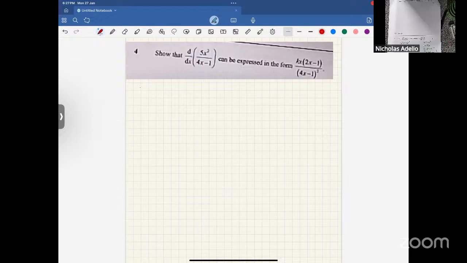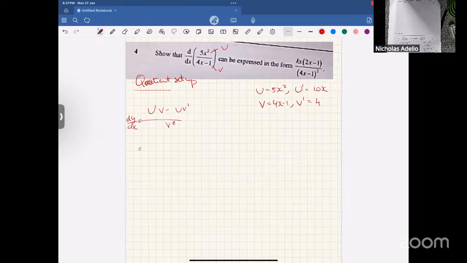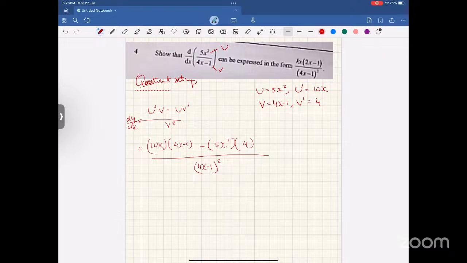Quotient. And then just continue normally, you'll be fine.